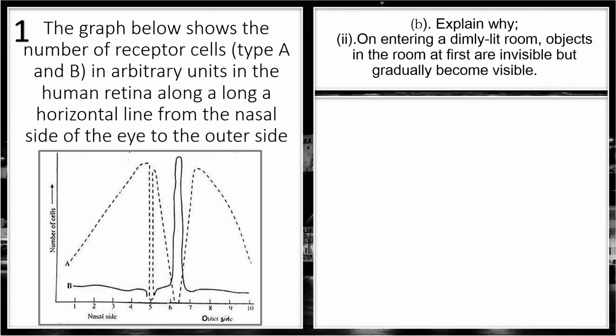Part B, Roman number 2. Explain why, on entering a dimly lit room, objects in the room at first are invisible, but gradually they become visible.